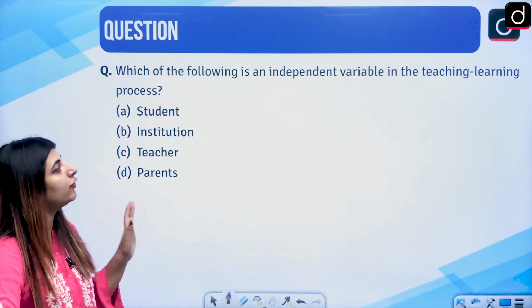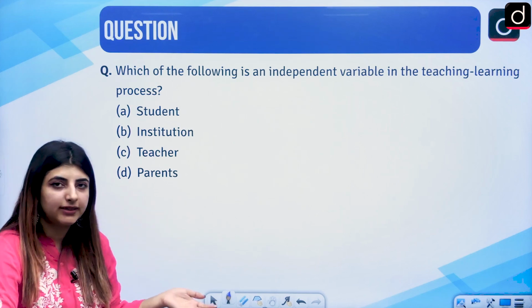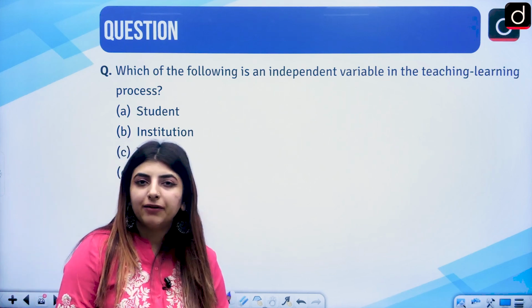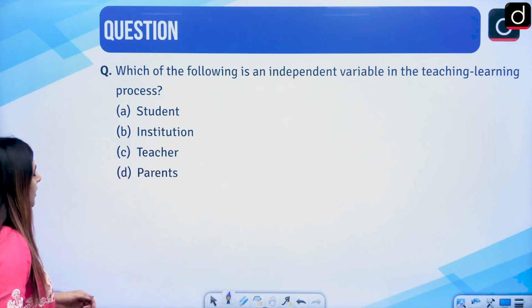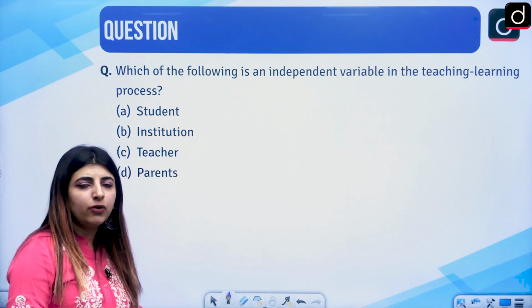Next question: which of the following is an independent variable in the teaching learning process? So what do you think is the answer here? You can pause your screens while looking at these questions and try to solve them on your own, of course.